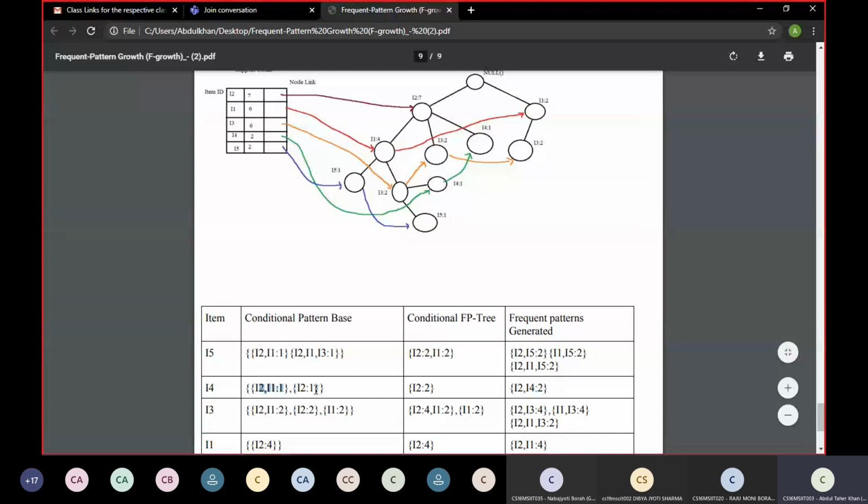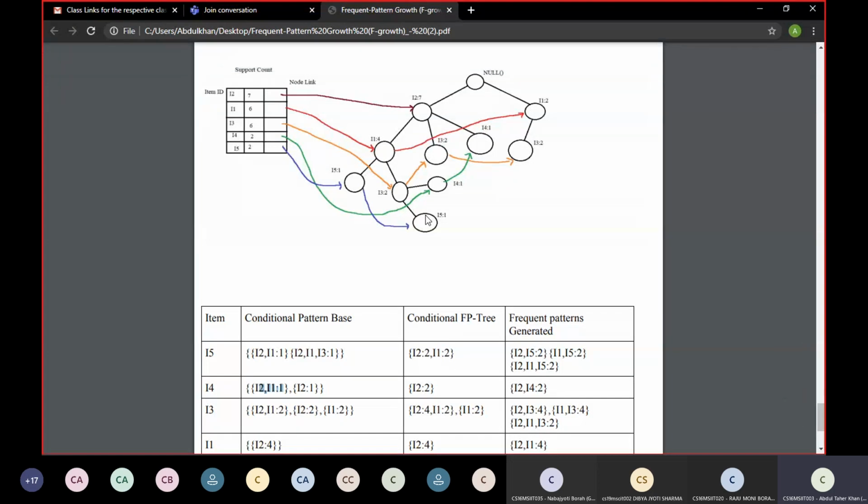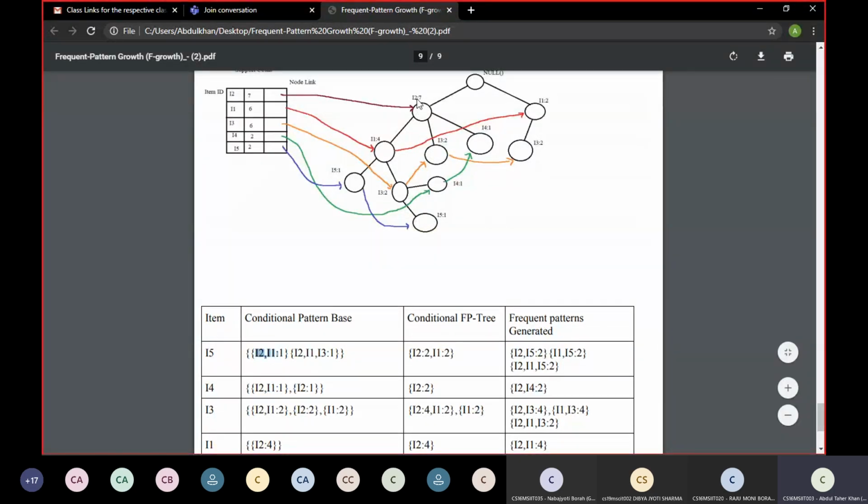Next we have to go to I5, right? Sorry, here, right? Then we have to go to I2, then I1, then I3, then 1, right? Means here I2, I1, I3, 1, right? Then we have to construct the conditional tree.